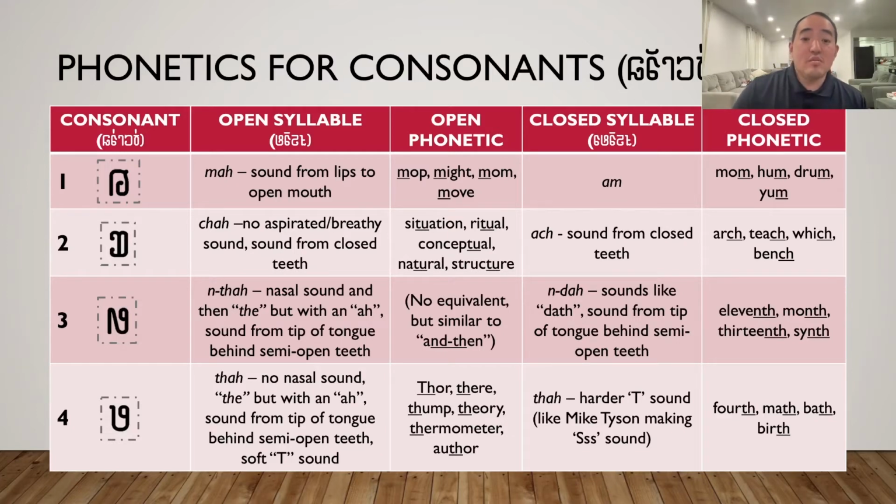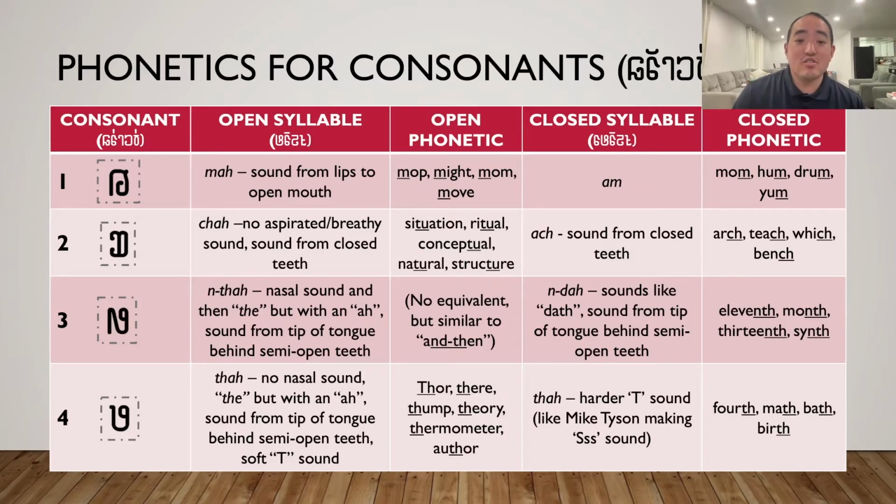Now for the closed syllable, it'll be nda, ndat, right? So it'll sound like a nasal sound with the word 'that', almost like the word that, but not a hard T sound. Like a DATH sound. The sound should come from the tip of your tongue, right behind the teeth, where your teeth and your gum connect, pretty much, right?